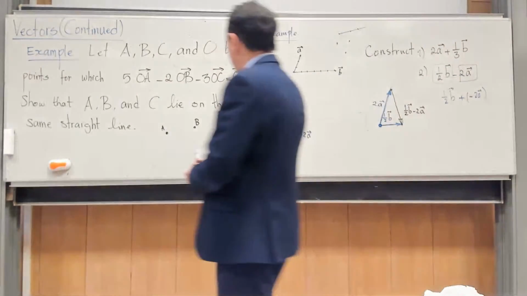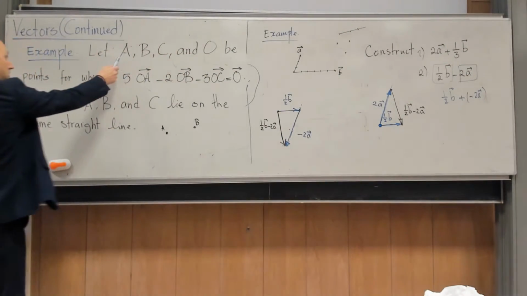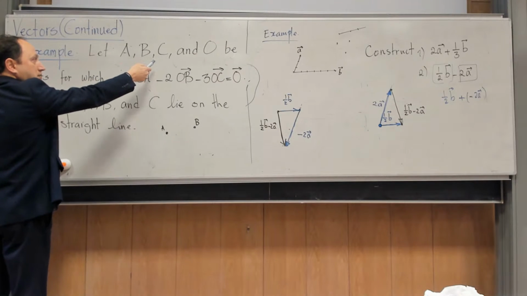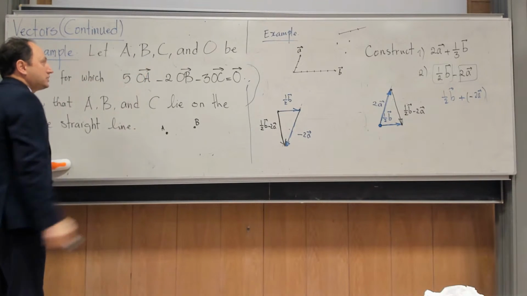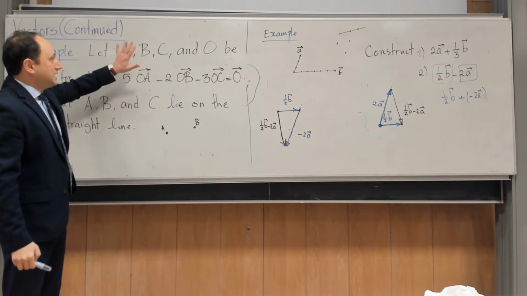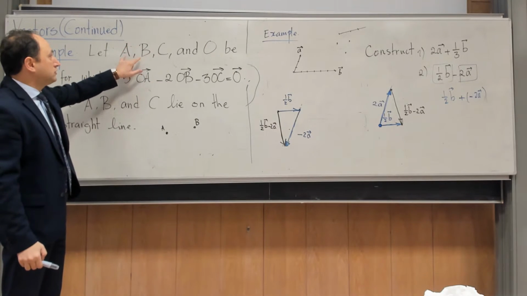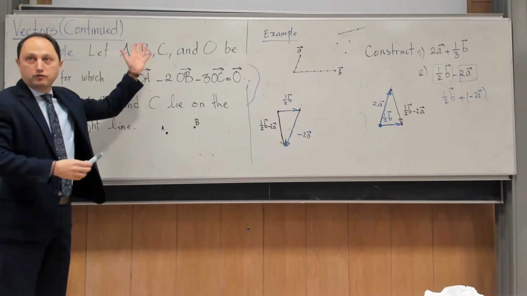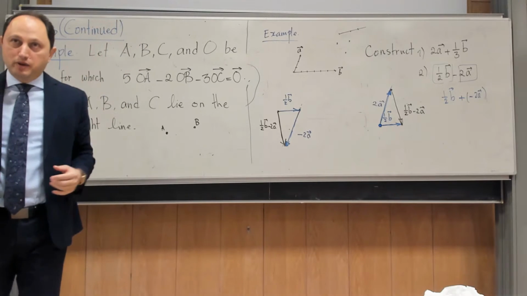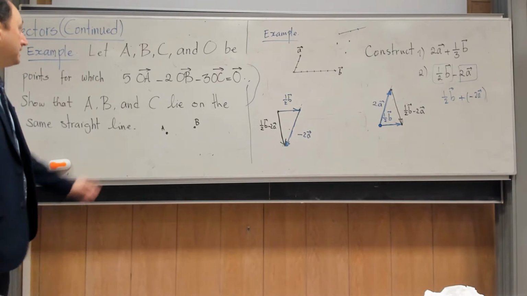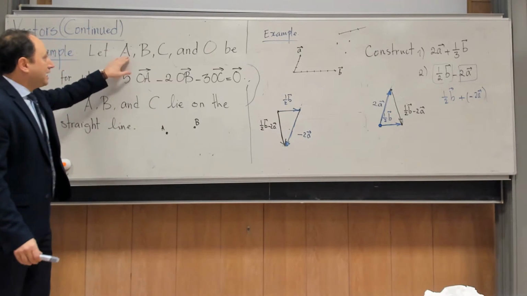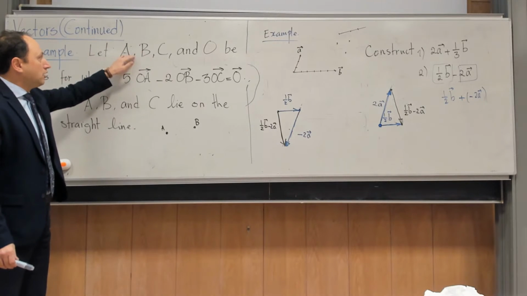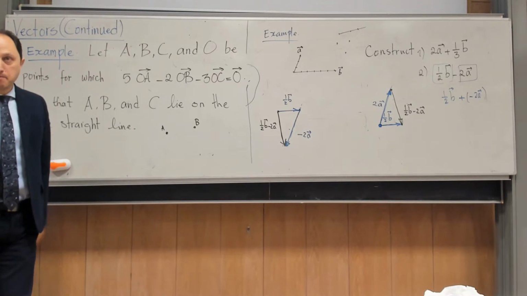Okay, so now I am telling you that there are 4 points. They can be on the same whiteboard plane, or 3 of them can be in the plane and 1 of them outside, so 4 points in space.